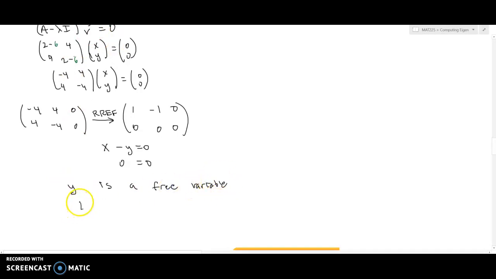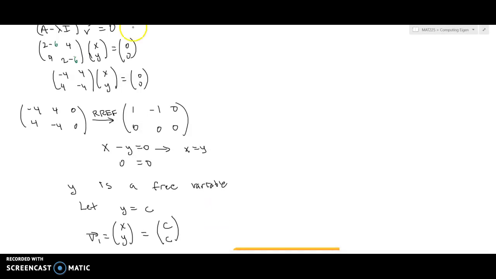And so we can say let y be some constant, and that means x, y, the components of our eigenvector, are going to be, well, y is c, and then x is going to equal c as well, because x minus y has to equal 0, so this implies x equals y. And so any solution where x and y are both the same value will work.